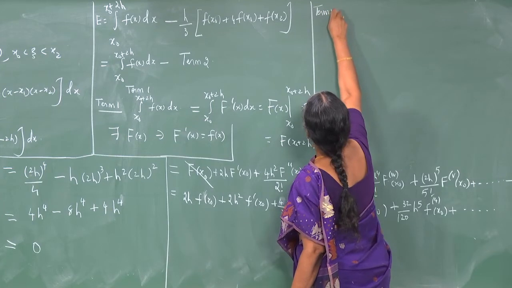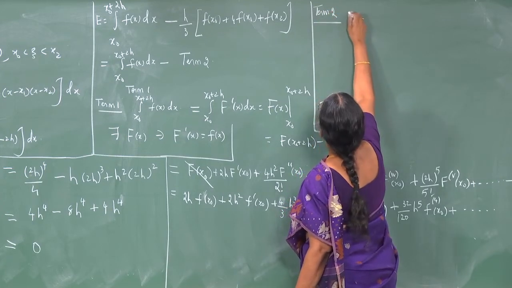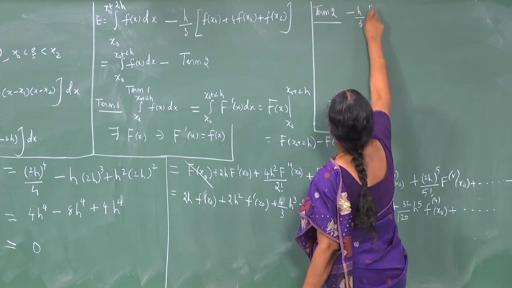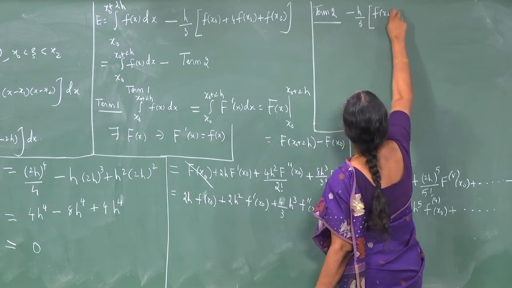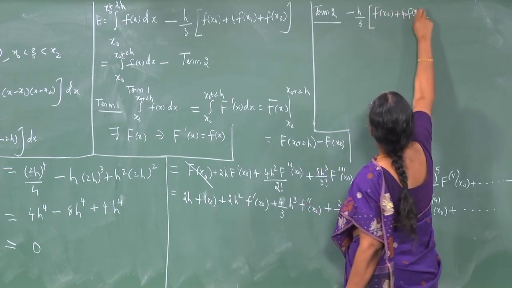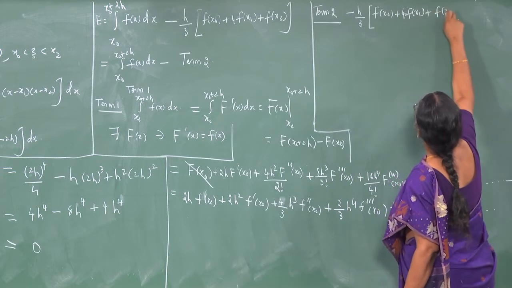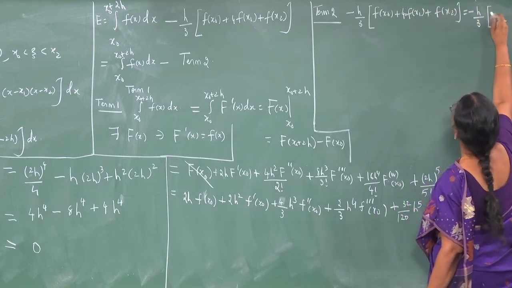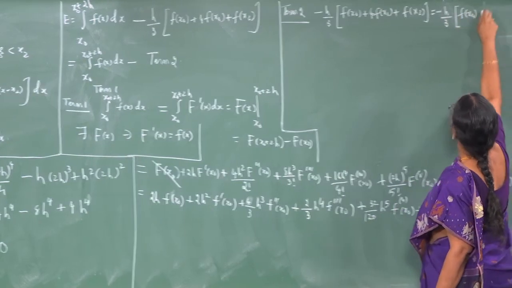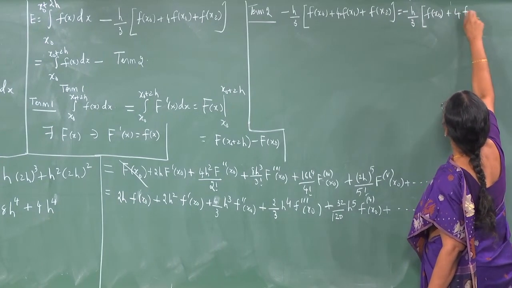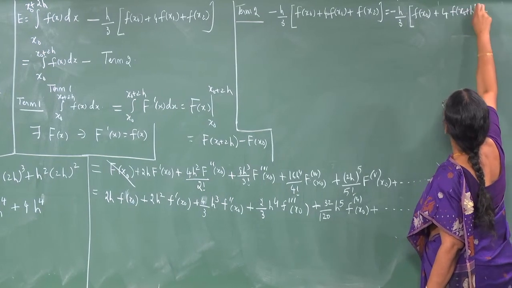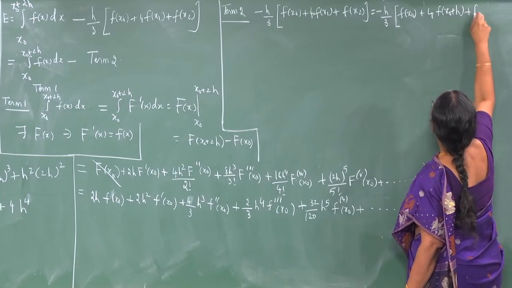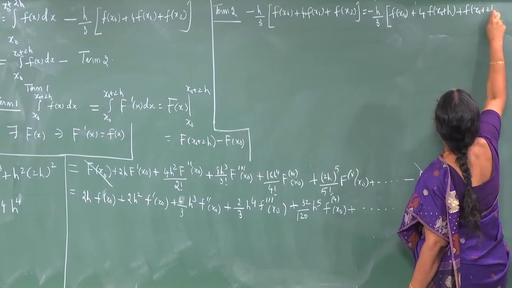So, term 2 is minus h by 3 into f of x naught plus 4 times f of x1 plus f of x2. So, which is minus h by 3 into f of x naught plus 4 times f of x1 is x naught plus h plus f of x2 is x naught plus 2h.